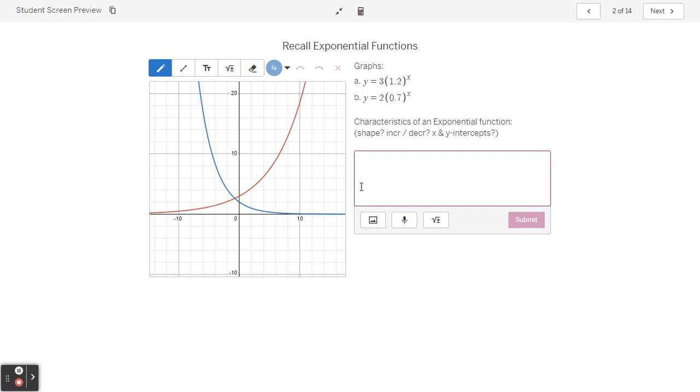So just key features, we're going to always have an L-shaped graph. It increases or decreases constantly. So for example, our blue one, it's always decreasing, and the red one is always increasing.